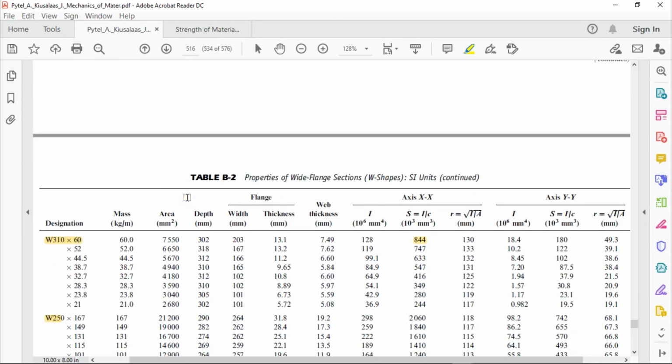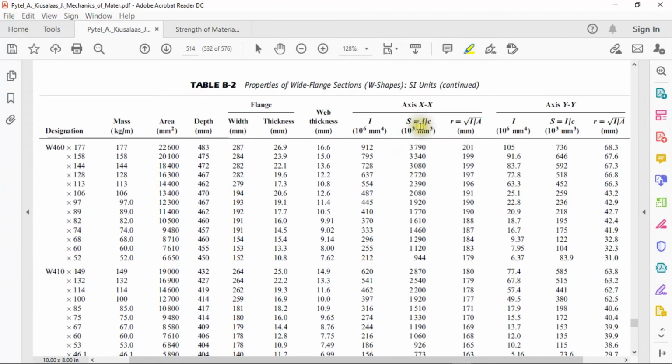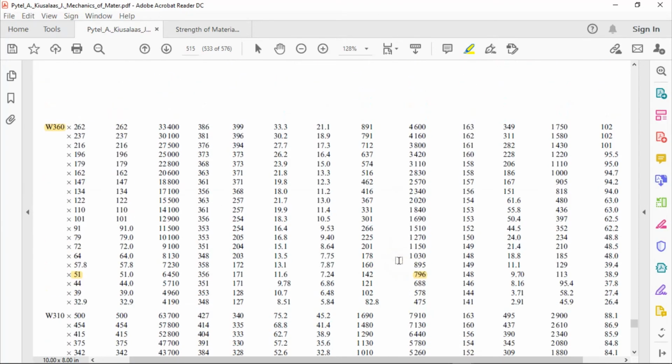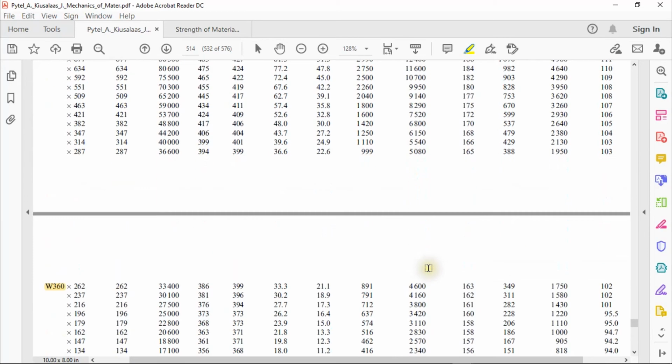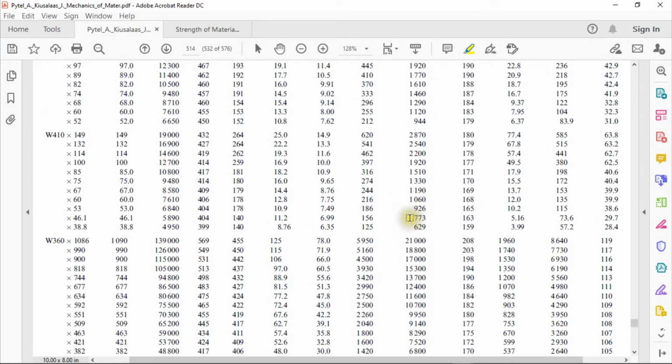Next we look on the section modulus column, the S here. Then we go upward. So we have this value here, we have 773. However, guys, this is lesser than the required section modulus, which is 773.5. However, we can use 926 here, which is higher than the required section modulus.